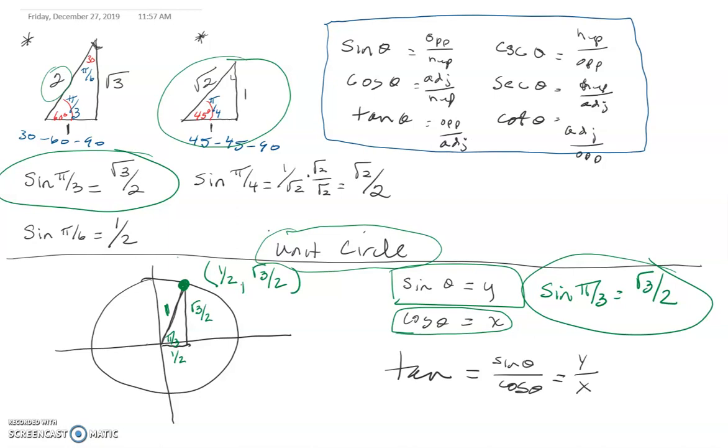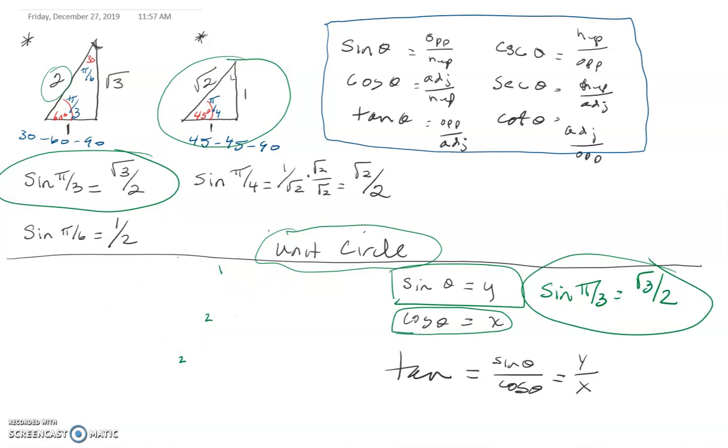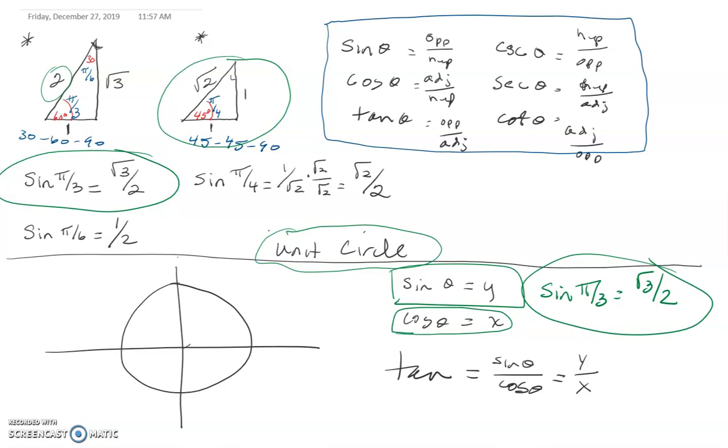Now this is very useful because once we turn this into a unit circle, and I will describe this in the next video, we can now do 30-degree angles, 45-degree angles, 60-degree angles, but not only that, we can also do angles that are 30, 45, and 60 degrees away from the x-axis.